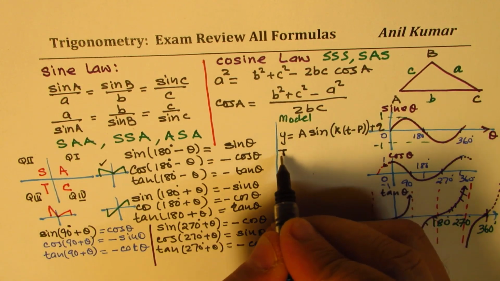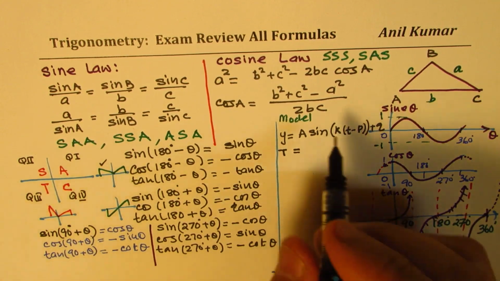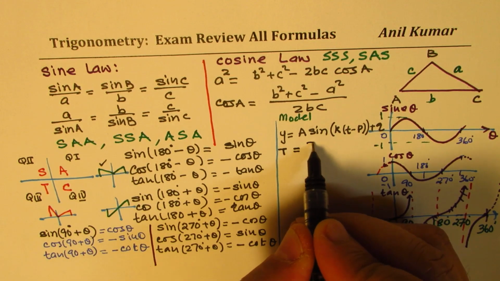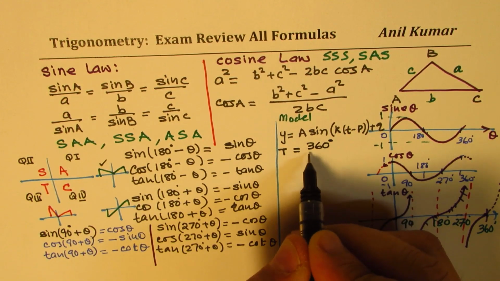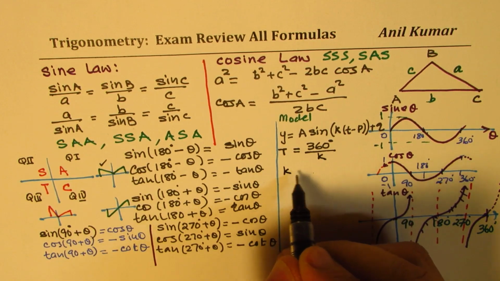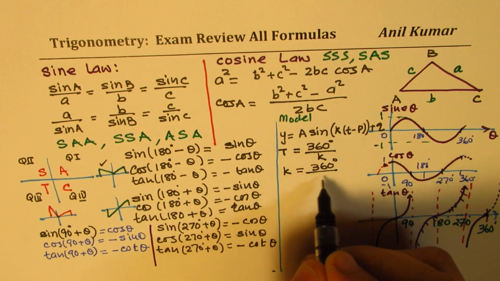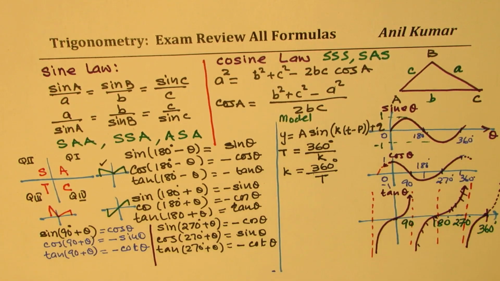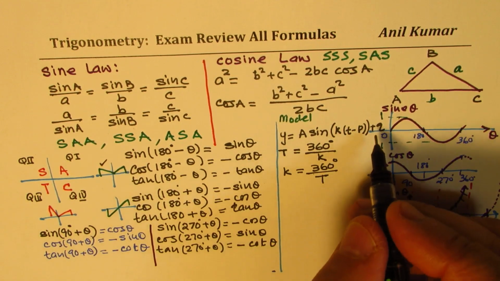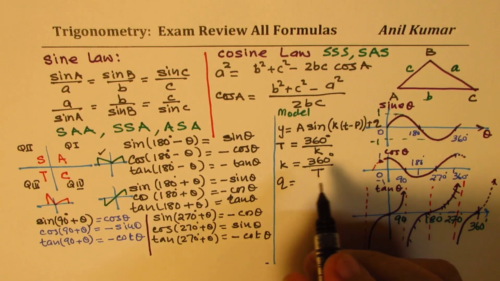So you could write time period t as equal to 360 degrees divided by k, or k is equal to 360 degrees divided by time. So that is how you get k, which is horizontal compression. Q, the axis, can be written as the average value.